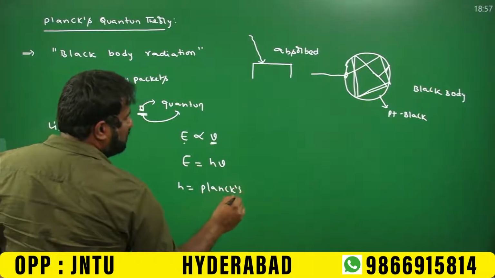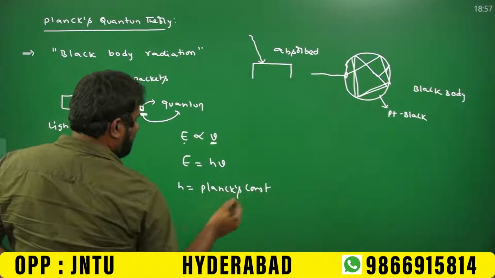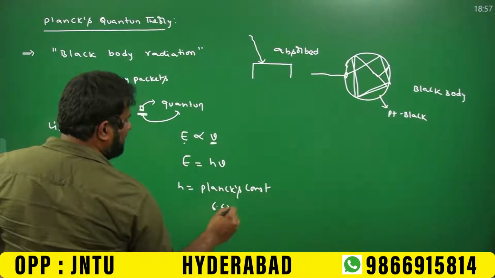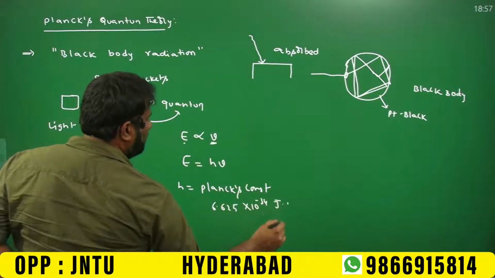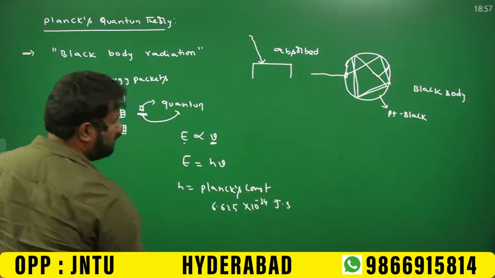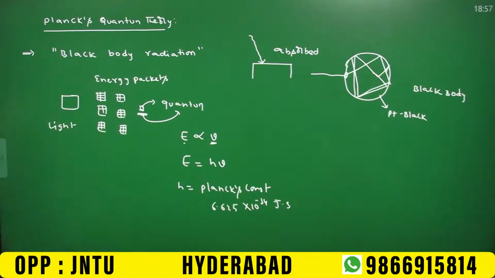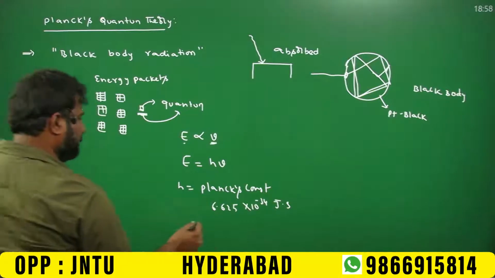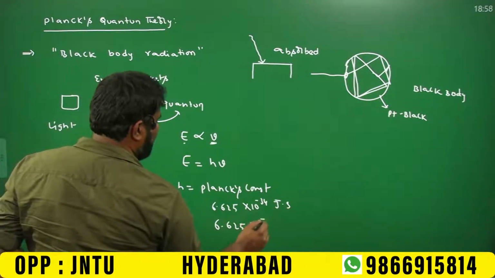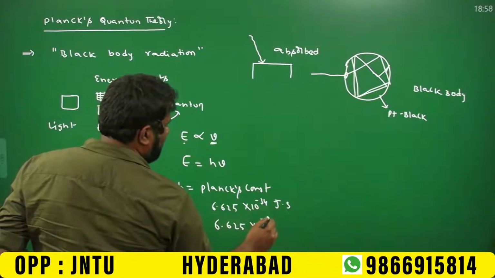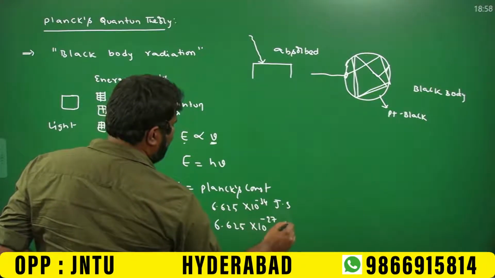The value of Planck's constant is 6.625 into 10 power minus 34 joule second, or else 6.625 into 10 power minus 27 erg second.